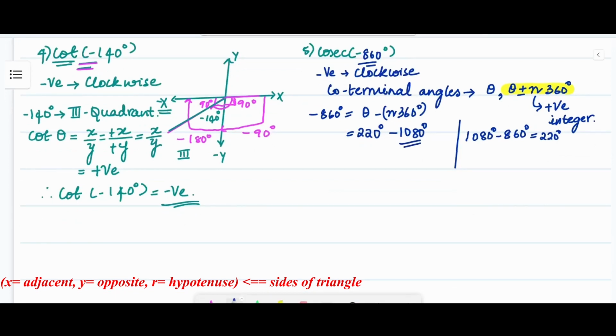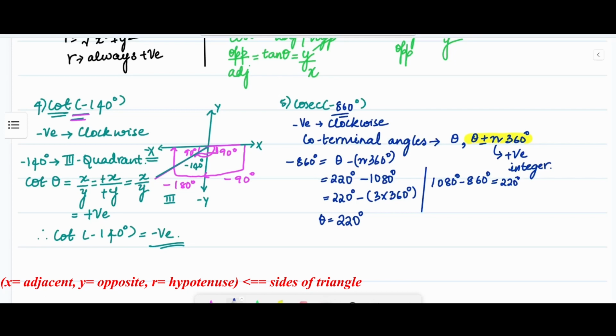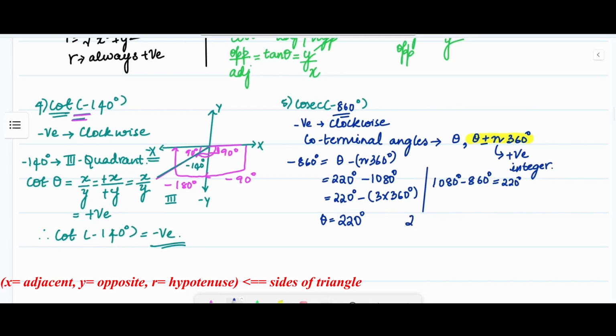Here 1080 degrees in terms of multiples of 360 will be 3 times 360 degrees. Our value of theta will be 220 degrees. So now we can say that 220 degrees and minus 860 degrees are coterminal angles.